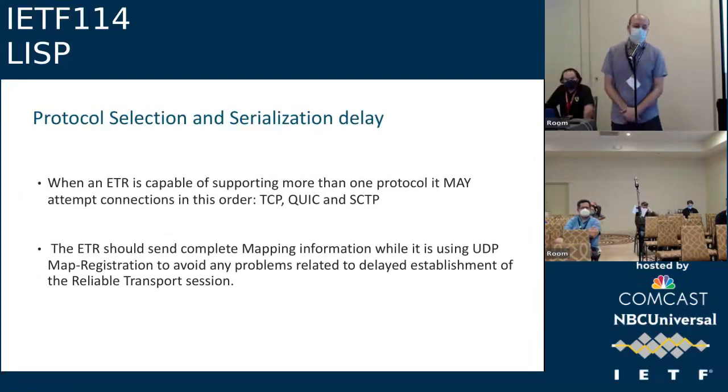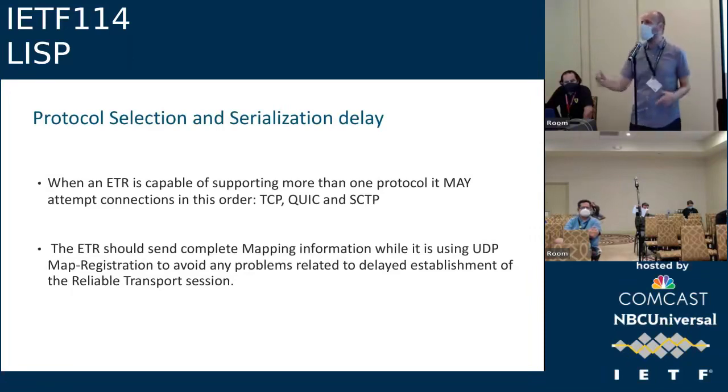Okay, this part of the draft answers a comment Dino had. Since we have multiple protocols, how do we choose among them, and what do we do about the potential delay that can come from trying one protocol, maybe this protocol fails, and then the next protocol comes? So the draft now specifies an order, but just as a suggestion, with a MAY.